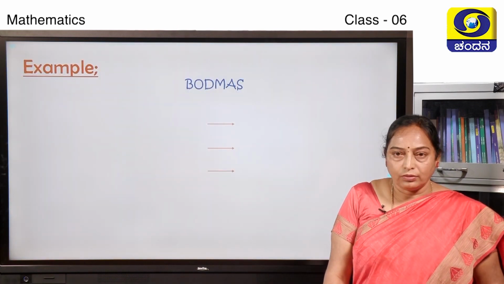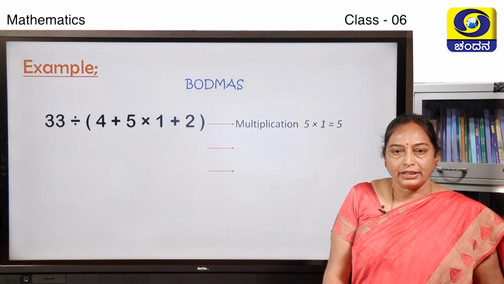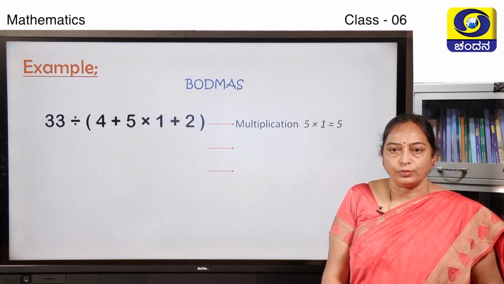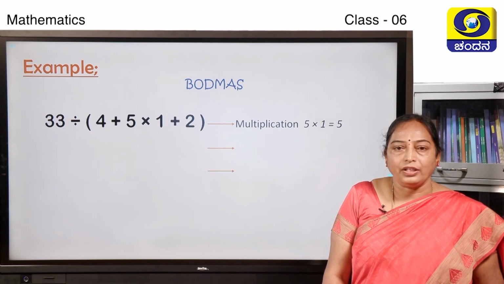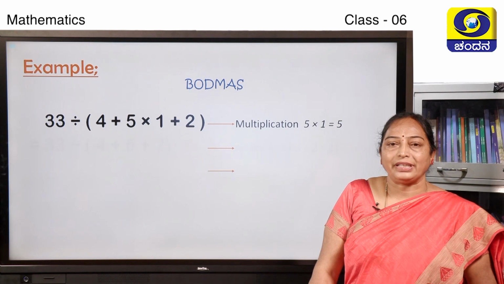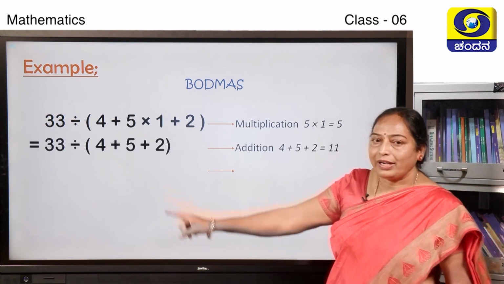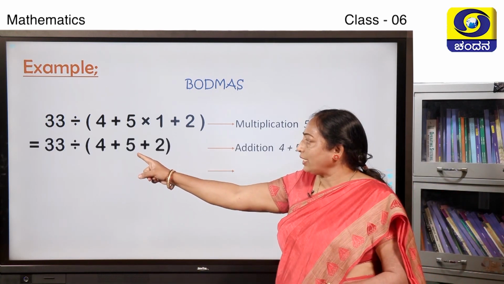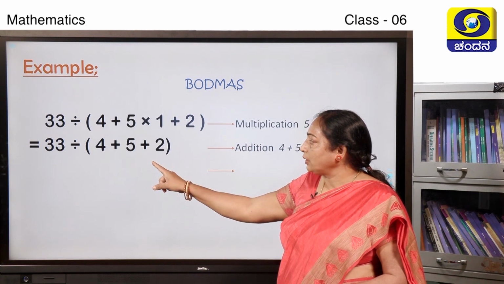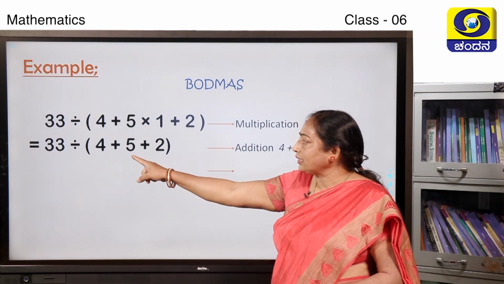We go through one more example, 33 divided by (4 plus 5 into 1 plus 2). Here 4 plus 5 into 1 plus 2 is in the bracket. First we do the multiplication here, 33 divided by (4 plus 5 plus 2). Next addition.